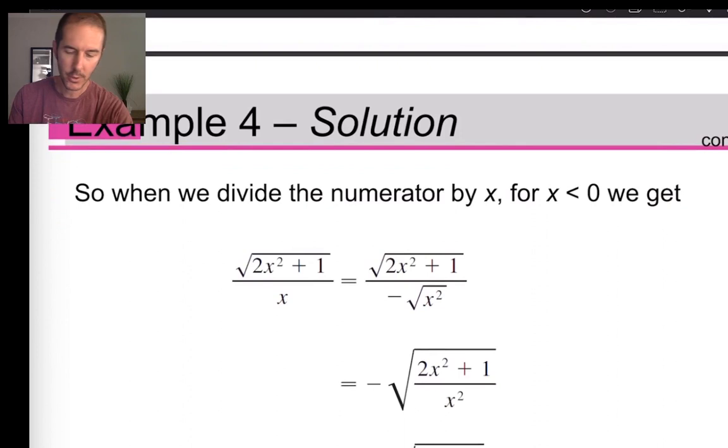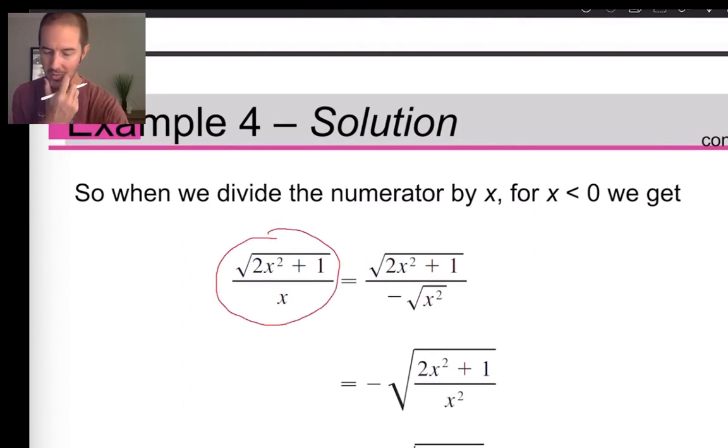This is just the numerator from our previous process, a couple slides up. We divided the numerator by x, and then here's that change that we made, where we said, well, let's write x as the square root of x squared.